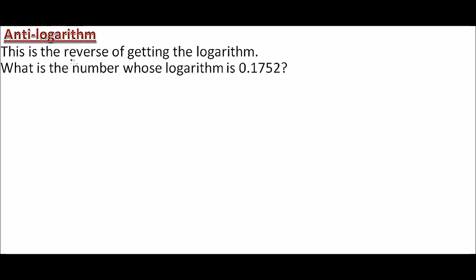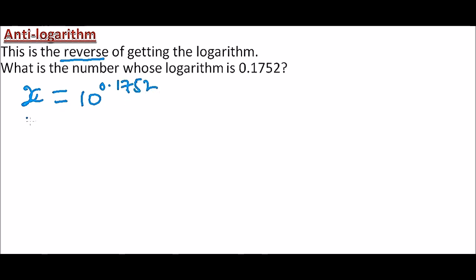Now we look at anti-logarithm. Anti-logarithm is the reverse of getting the logarithm. So, for example, what is the number whose logarithm is 0.1752? So this is to mean that you are given the logarithm so that you find the number. So if our number is x, it is equals to 10 to power 0.1752.